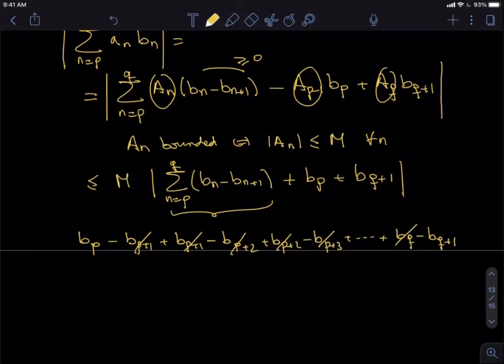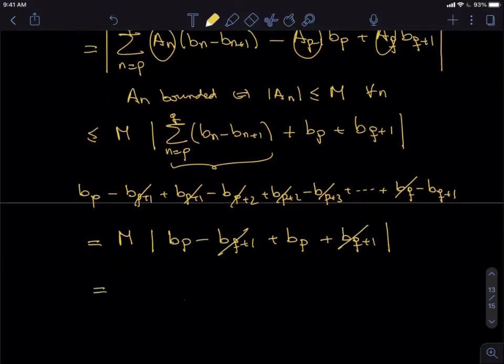So the whole thing that we have in this big sum is b_p minus b_{q+1}, magic. And then we get to b_p M.